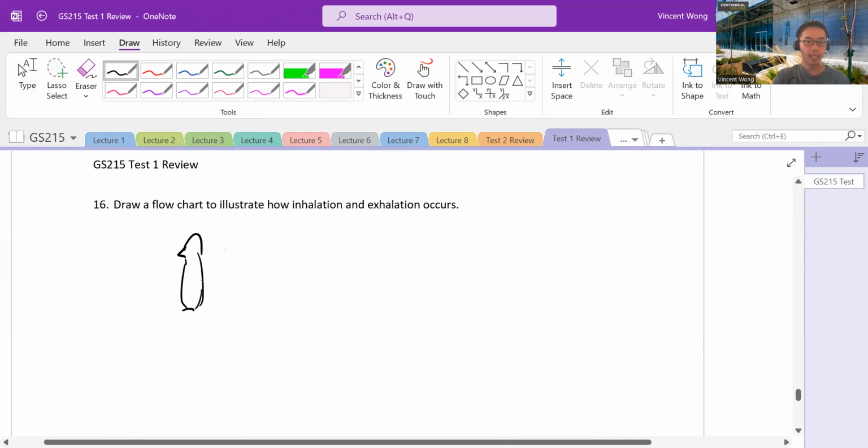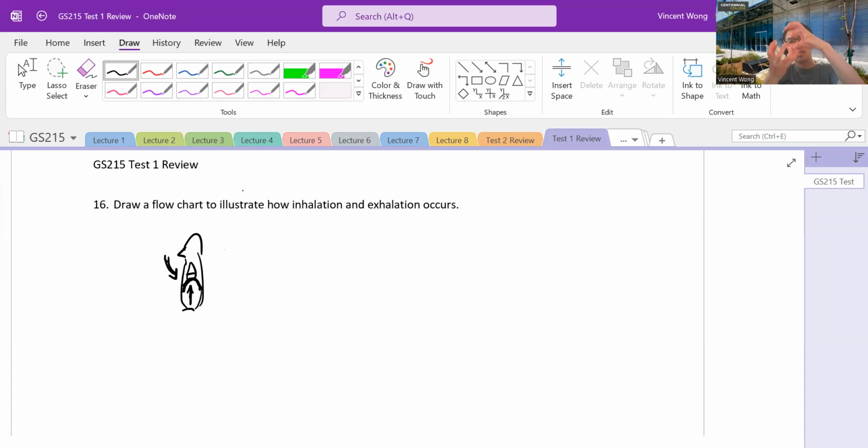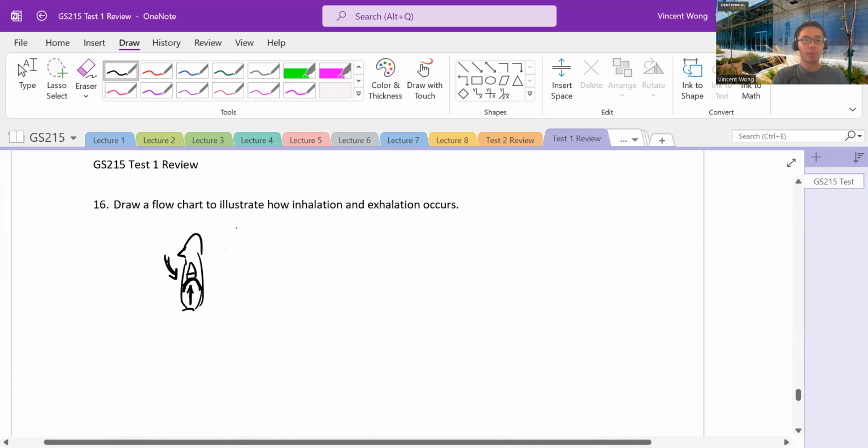For exhalation, you want the diaphragm to resume the dome shape. So it's going to go up, and at the same time, the rib cage is going to come down. Collectively, this is going to squeeze on the lungs. So rib cage comes down, diaphragm goes up, and you squeeze on the lungs.